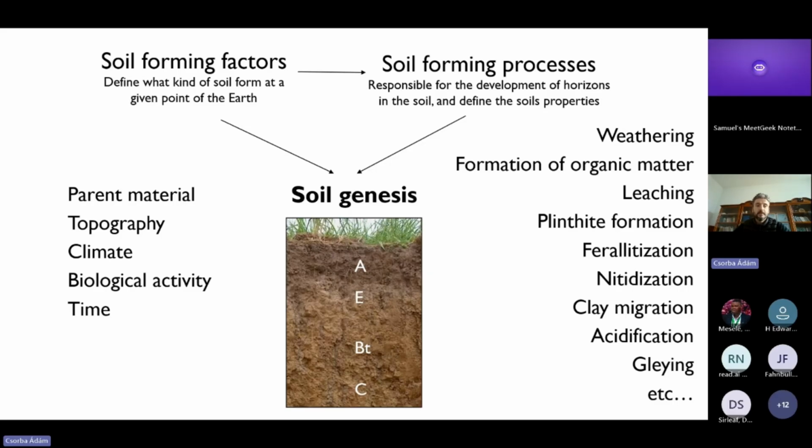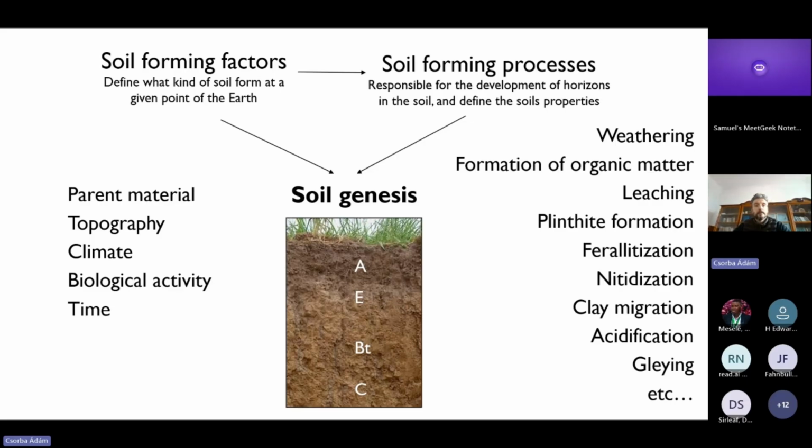Because parent materials, topography, climate, and biological activity in the humid tropics are different from the temperate regions, different from the desert areas, different from the boreal regions, we see different kinds of soils.